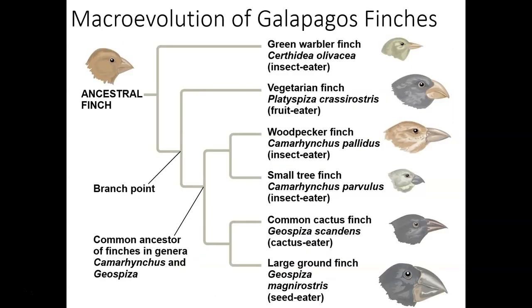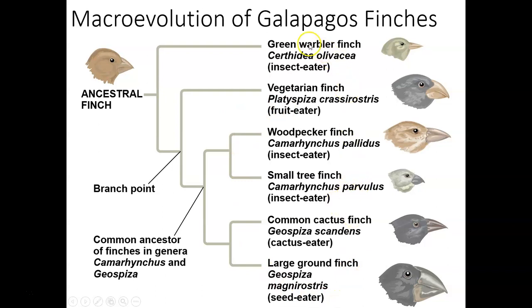Macroevolution can also be seen with the example of the Galapagos finches, where we have one ancestral finch from the mainland of South America, and evidence suggests that a population of an ancestral finch was blown off to the islands, and eventually over long periods of time, thousands of generations, has evolved and split into all of these different species.